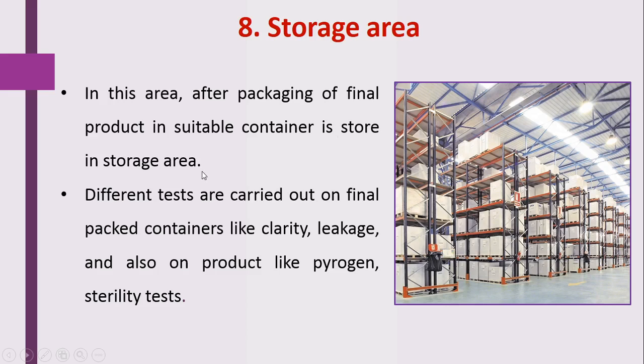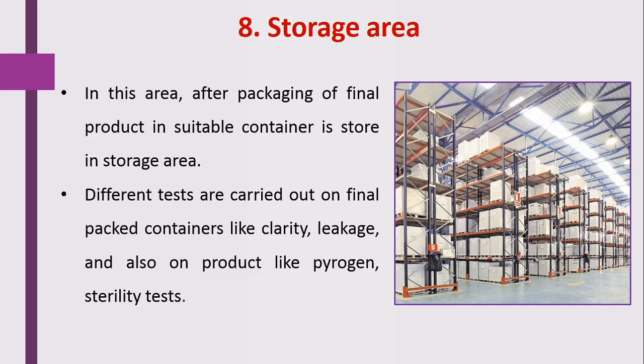Different tests are carried out on the final packed container, like the clarity test and leakage test, and also on the product, like pyrogen and sterility testing. After storing, these different tests are done by the quality control department.